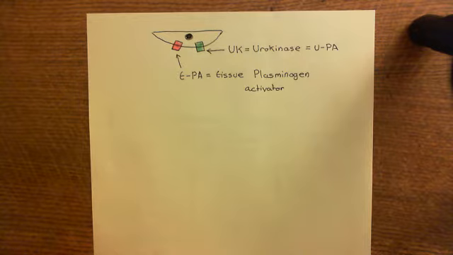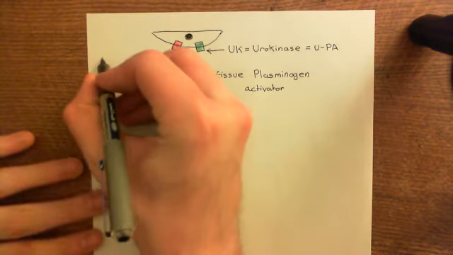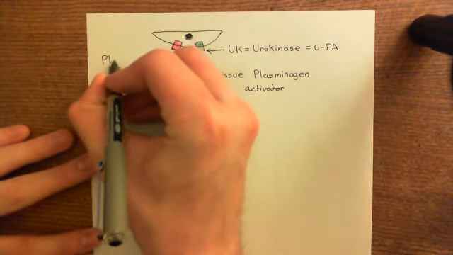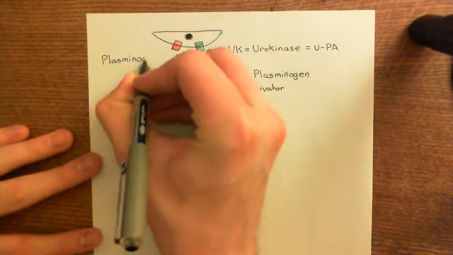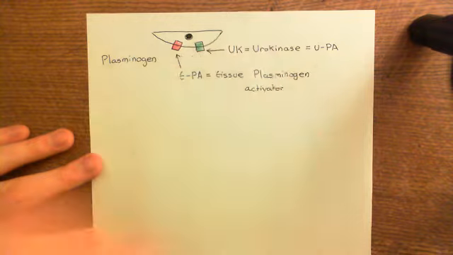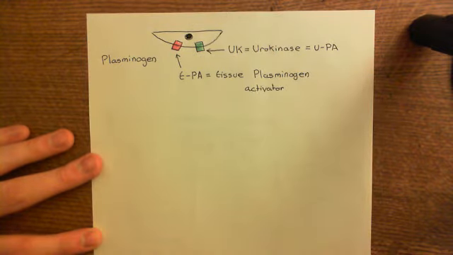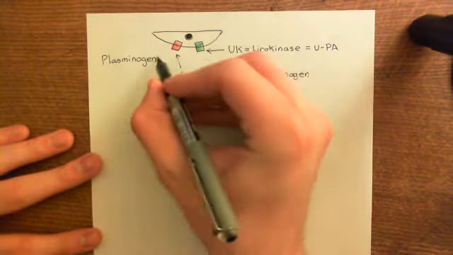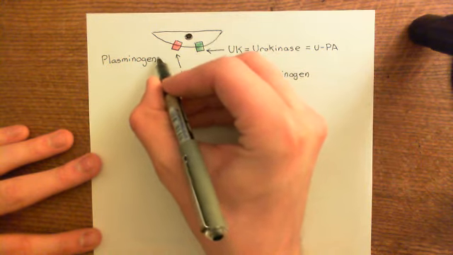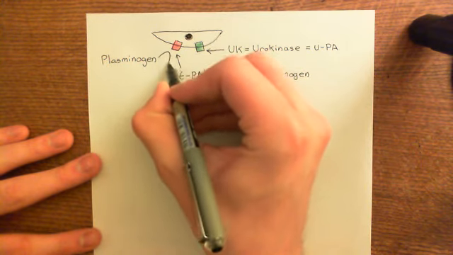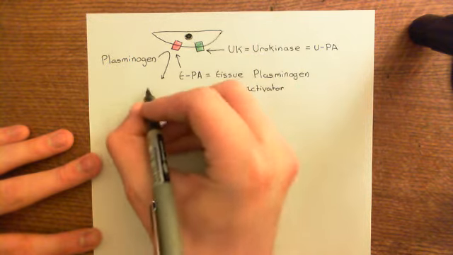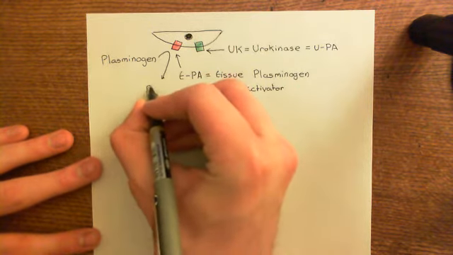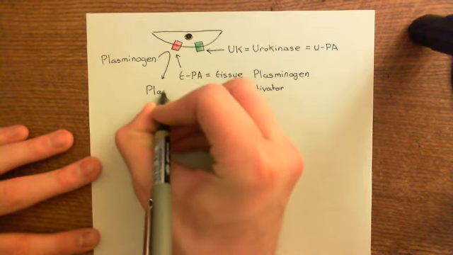Well, basically both of these enzymes are going to activate plasminogen. So if we've got plasminogen here, plasminogen is a component of the blood. It's produced in the liver again, and it's the inactive enzyme. So plasminogen is circulating within the blood, but it will be activated by tissue plasminogen activator, or indeed by urokinase plasminogen activator, and it will be turned into the enzyme plasmin.